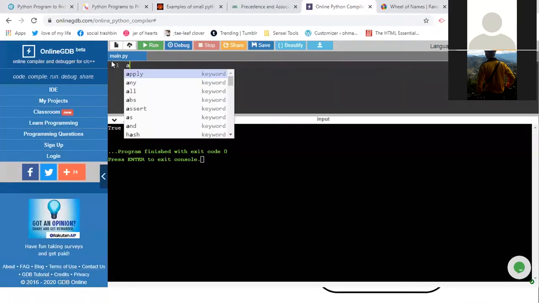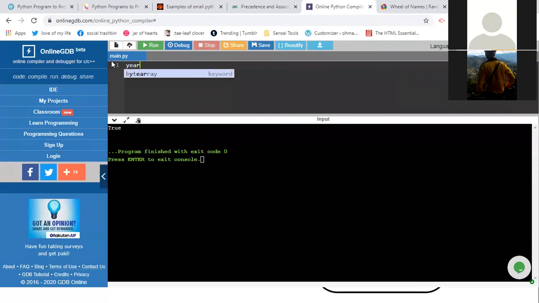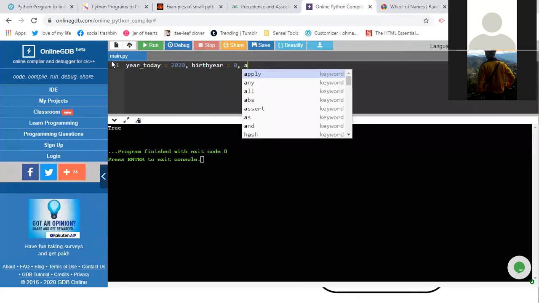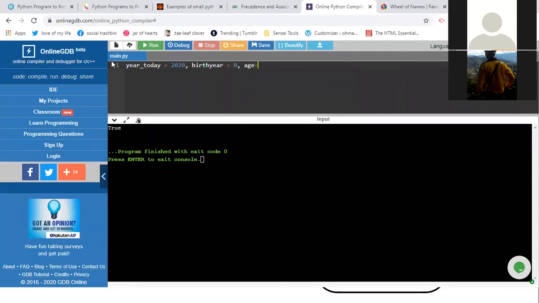So we have year today, 2020. We have birth year, initial value is 0. We have age, initial value is 0.